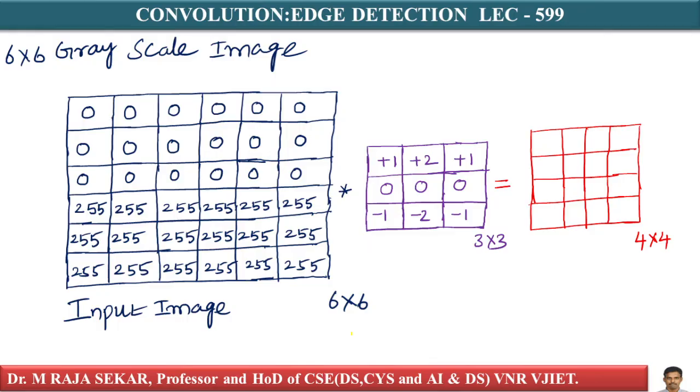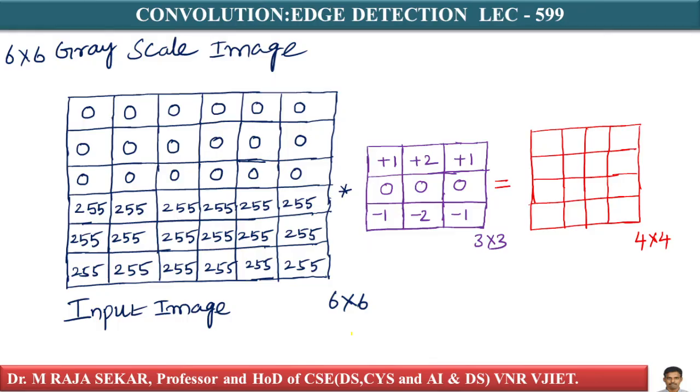Let's see how it generates. Let me walk you through this with a simple example so that you will have much more clarity, and I will explain why it creates a 4 by 4 matrix and how it creates it.